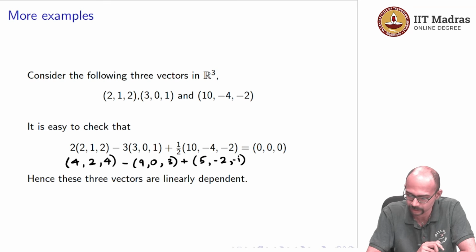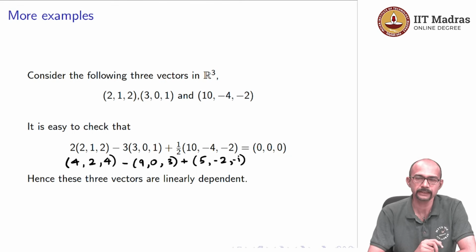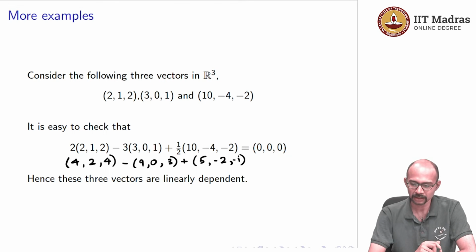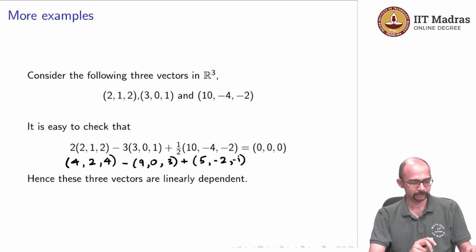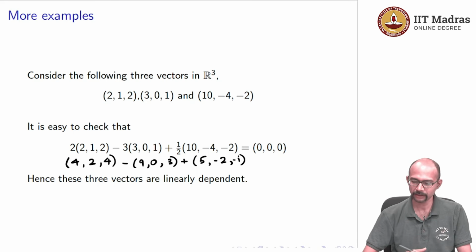The second component is 2 minus 0 minus 2, which is 0, and then the third component is 4 minus 3 minus 1, which is indeed 0. So this equation is indeed correct, and this tells us that there is a linear equation satisfied by these 3 vectors with non-zero coefficients, which equates to 0. So they are linearly dependent.